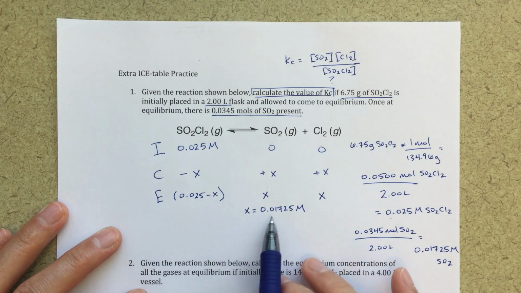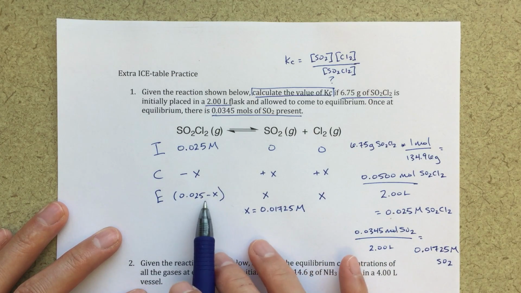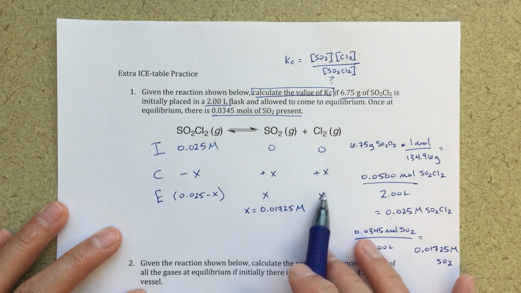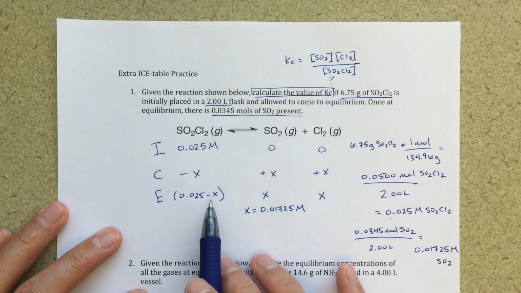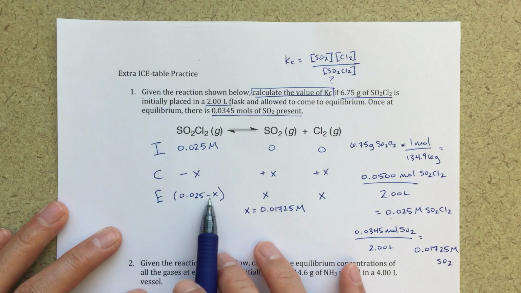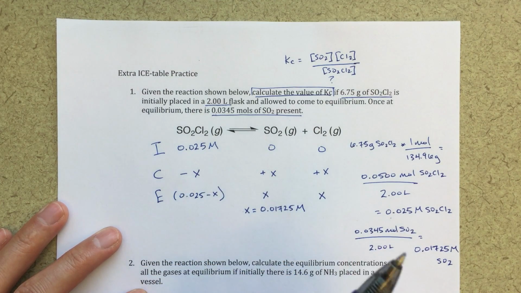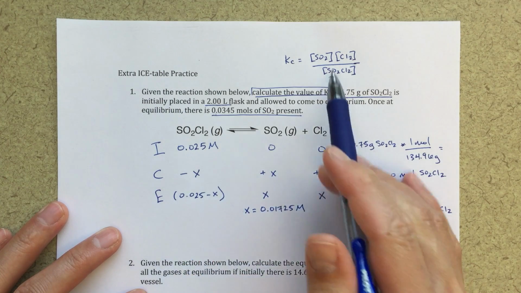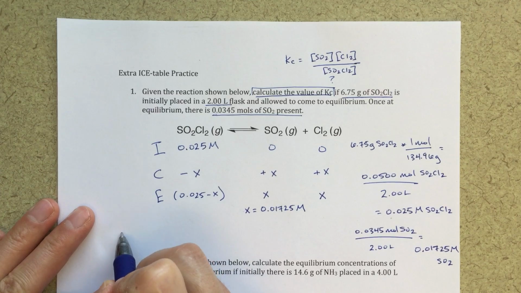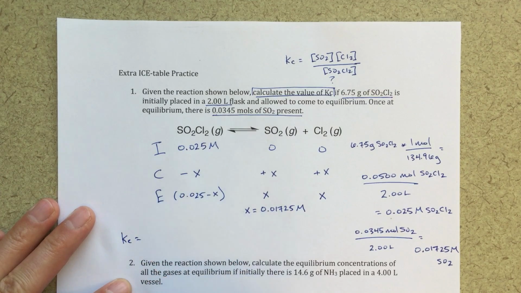Now, I can use that x value to solve for my equilibrium concentrations of everything else. It's going to be the same for Cl2, x and x. But for SO2Cl2, I can just do that calculation there because this expression tells me what the equilibrium concentration should be. Once I have those values, I can just plug them into Kc and solve for the value of Kc.